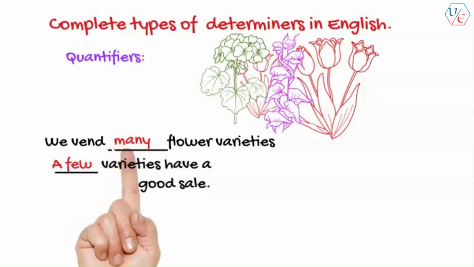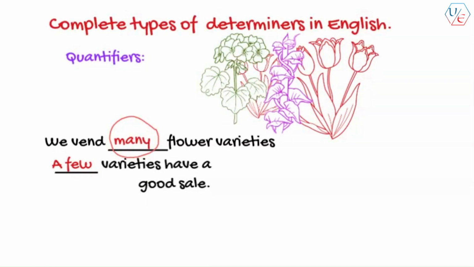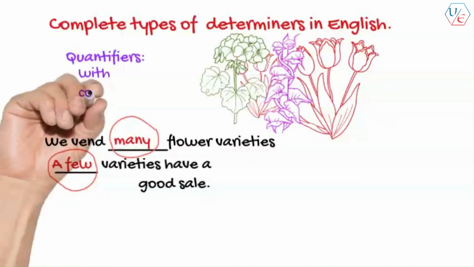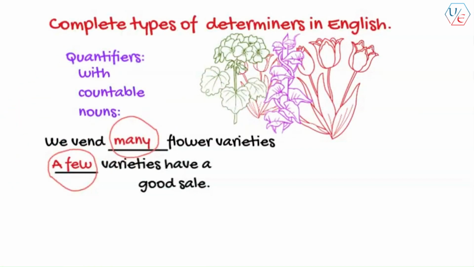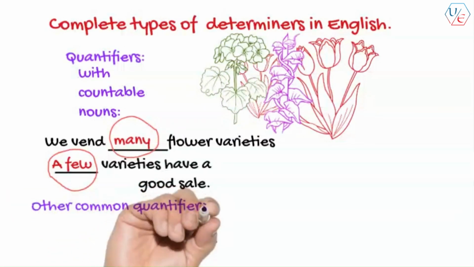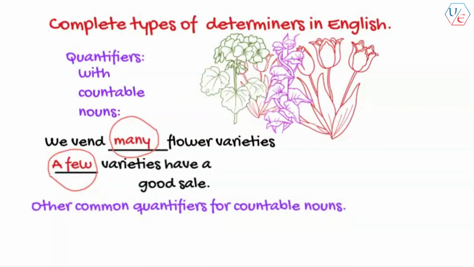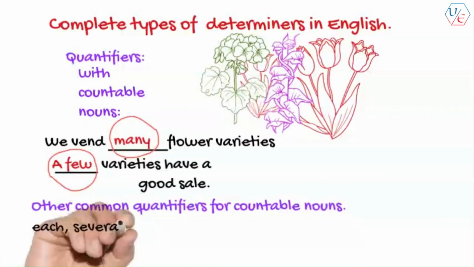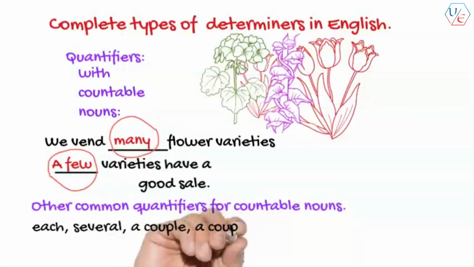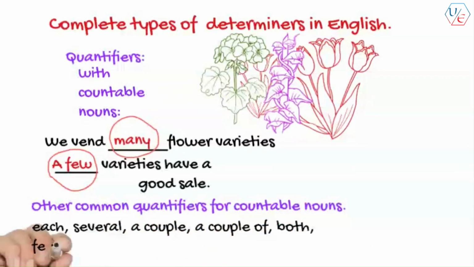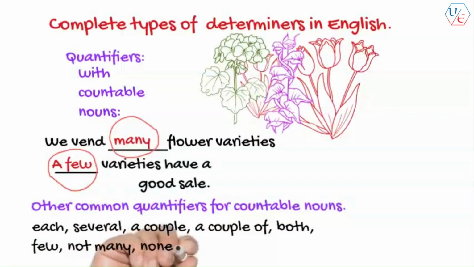Quantifiers like many, a few, are to be used only with countable nouns. The rich variety of countable noun quantifiers includes several other examples such as each, several, a couple of, both, few, not many, and none of them.